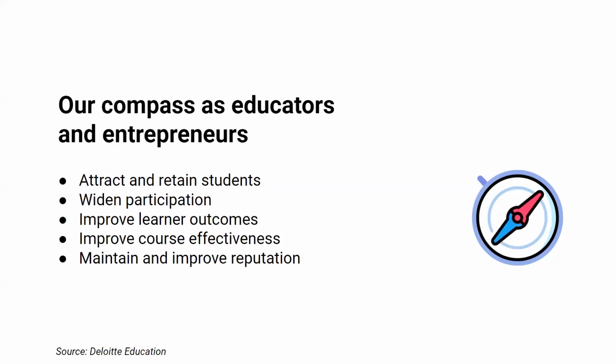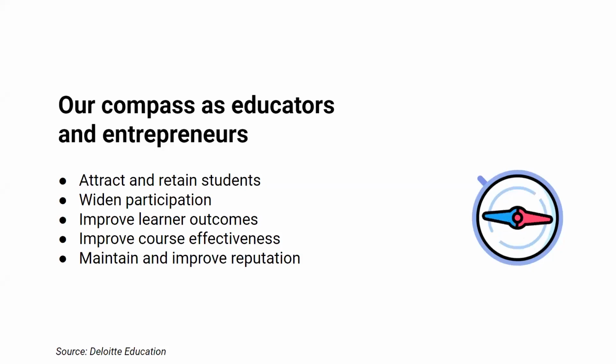So some of the goals that we are here to help you achieve is how to attract and retain students for our businesses, how to widen participation in e-learning. E-learning is one of the major transformational powers out there. Education is an amazing catalyst for change and transformation.